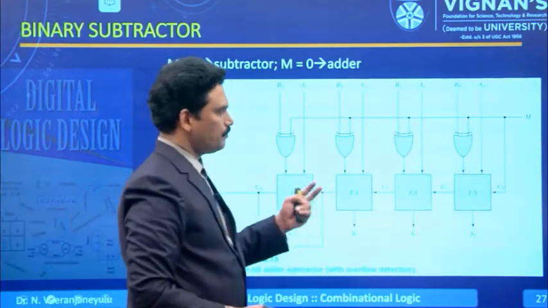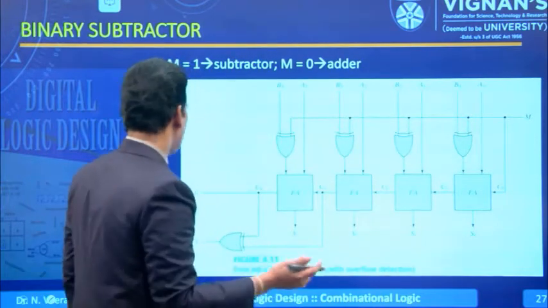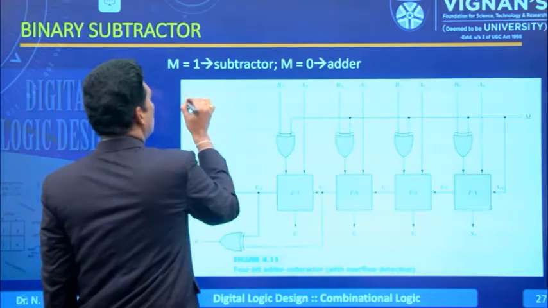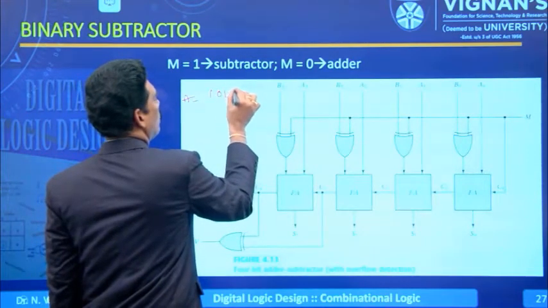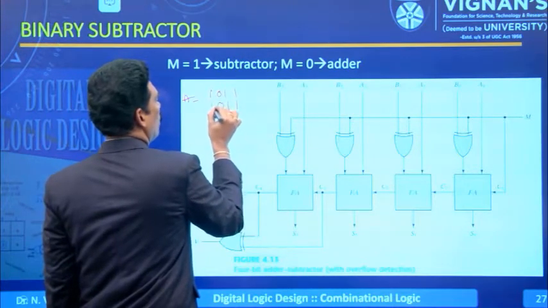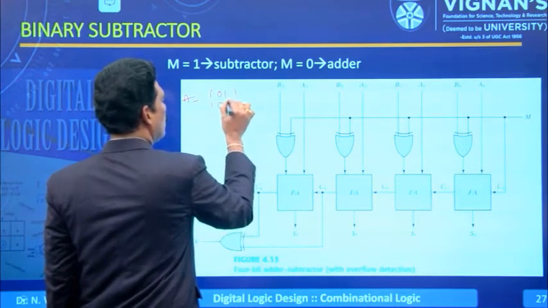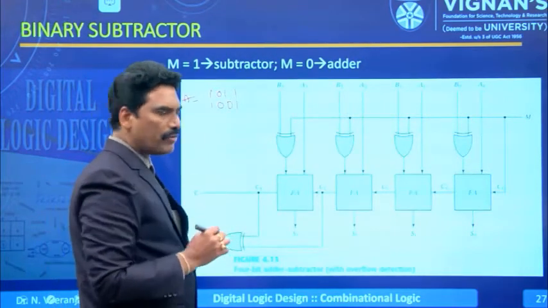Now see how to perform binary subtraction. Listen, suppose A is equal to 1, 0, 1, 1. How to perform subtraction?